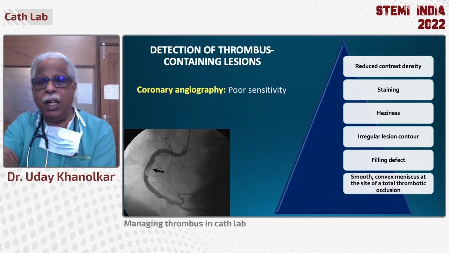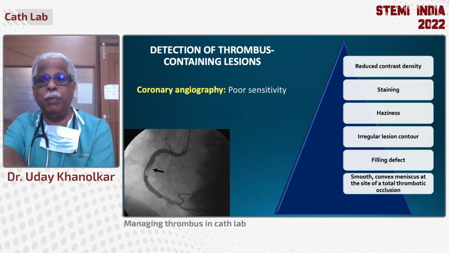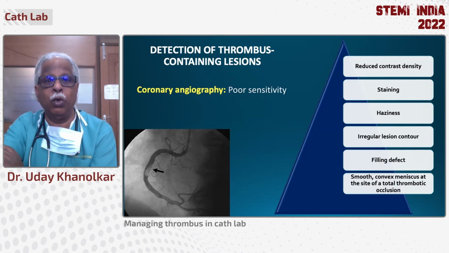It may have an irregular lesion with irregular contours, with filling defects in these contours, suggesting that there may be a thrombus in the coronary artery. Or in a total occlusion, there may be a smooth convex meniscus at the site of the occlusion, giving rise to a doubt that there could be a thrombus in the coronary artery.